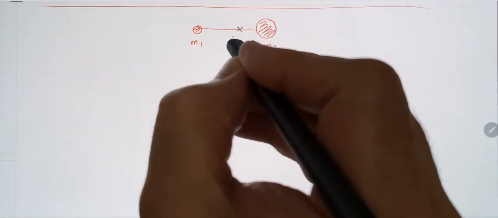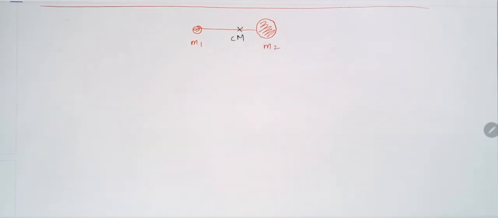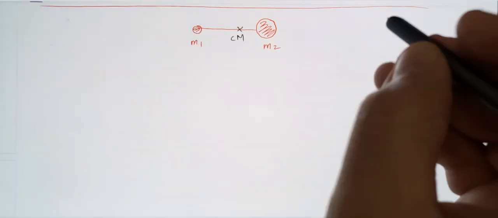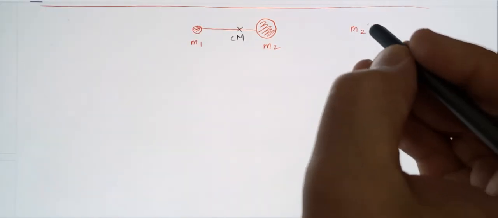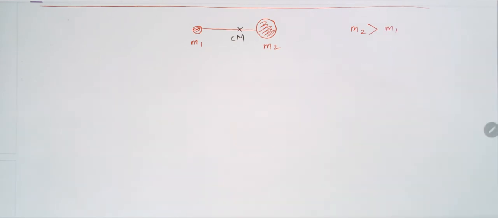So this is our center of mass. We assume that mass 2 is larger than mass 1, so density does not apply now.